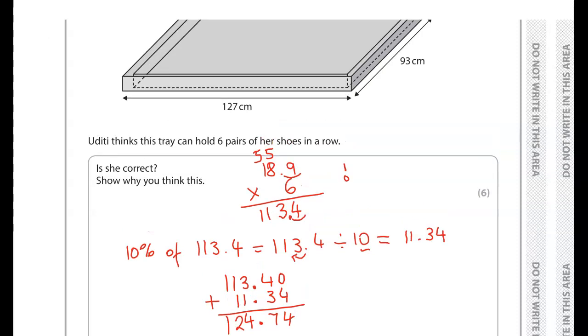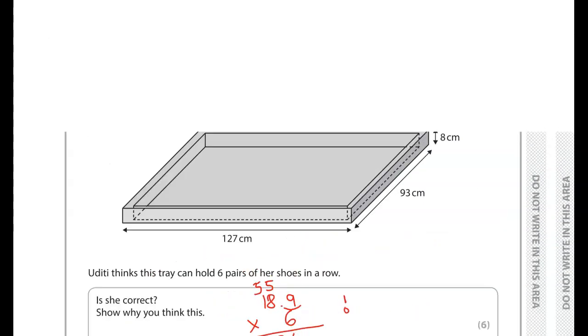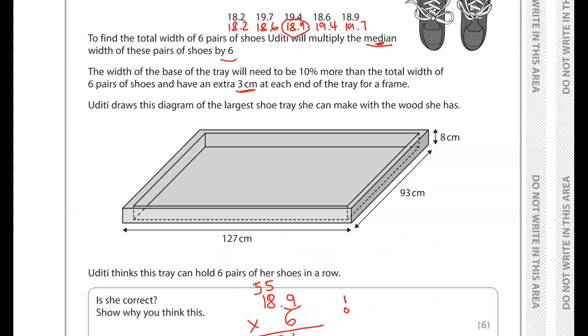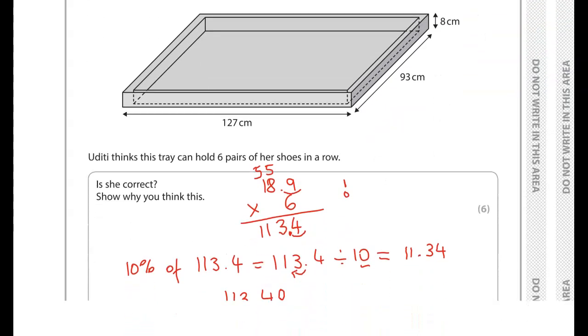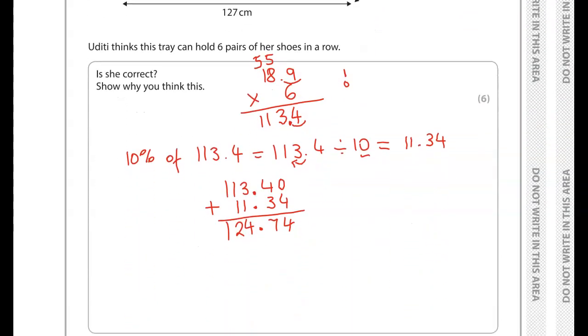So 124.74 so far. But we're also told that we need to add 3 centimeters at each end of the tray. So that is going to be 6 centimeters in total. So we're going to add 6 to this. Notice where I'm adding the 6 because it's a whole number. It's the units that I'm adding.